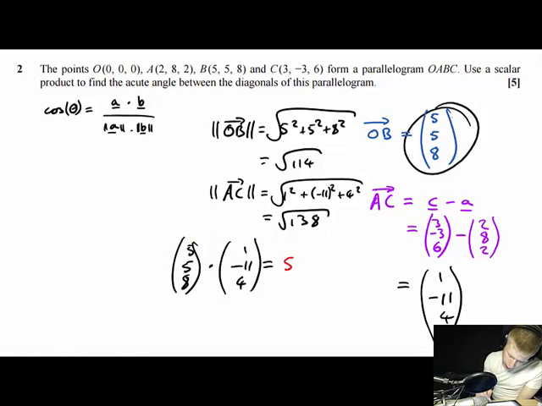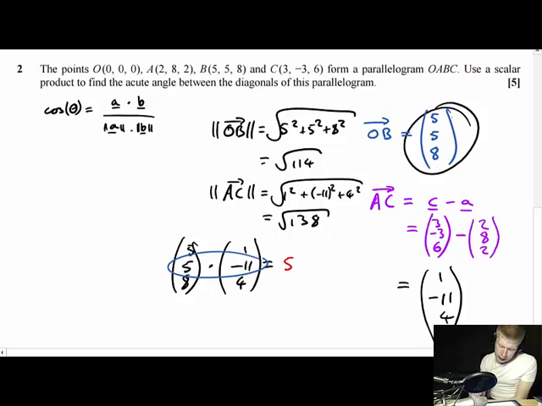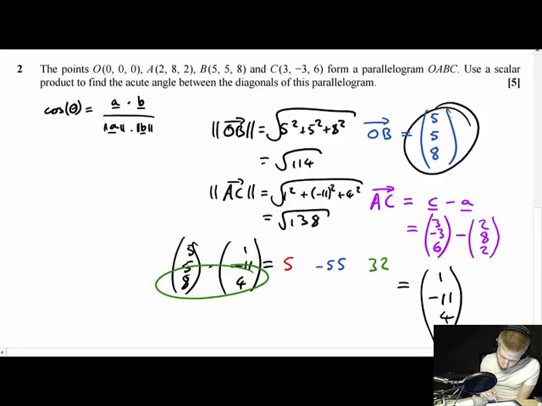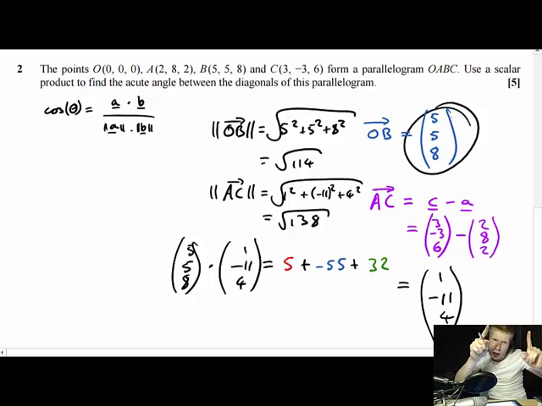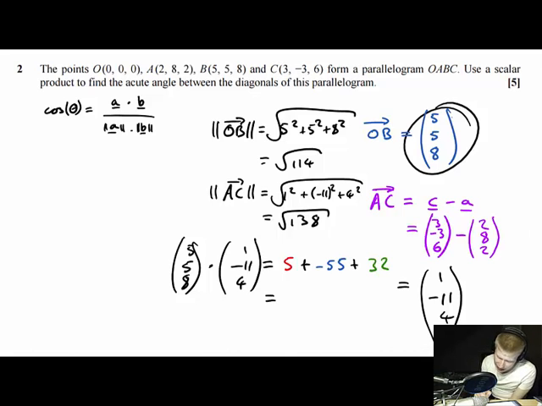Okay, then we multiply 5 and negative 11 together to get negative 55. Okay, and then we multiply 8 and 4 together to get 32, and then we just add all those three things together. So we just multiply the two corresponding elements together, first with first, second with second, third with third, then we just add them all together. Okay, and when we work that out, that's negative 50 plus 32, so that is negative 20, negative 18, isn't it?